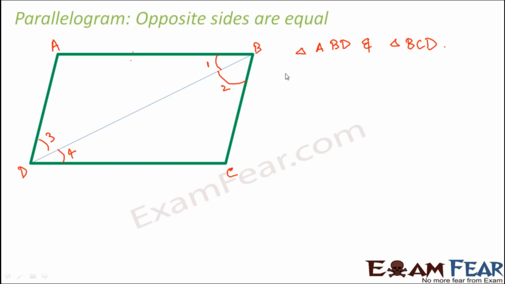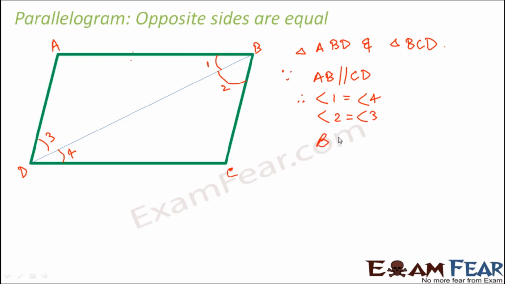Now since AB is parallel to CD, which is known to us because it is part of the definition that a parallelogram is a quadrilateral with opposite sides parallel, therefore angle 1 will be equal to angle 4, right? Similarly, angle 2 would be equal to angle 3, because BC is also parallel to AD.